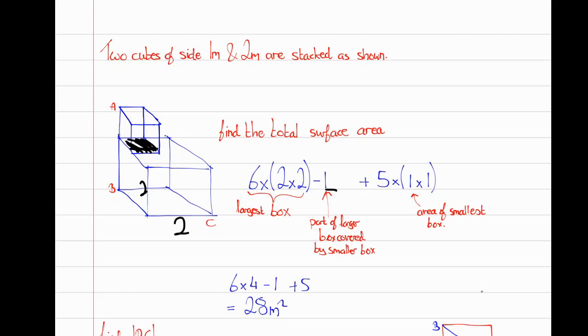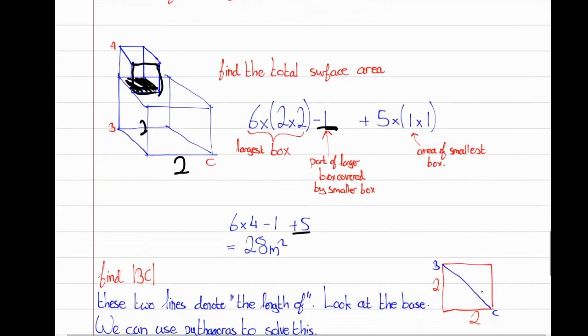Then all we need to do is add together 1 times 1, so that will be the area of one side of this, and then multiply that by 5, seeing as we only have 5 sides of this showing. So that'll give us 6 by 4, subtract 1 for this part, plus 5. Total area is going to be 28 meters squared.